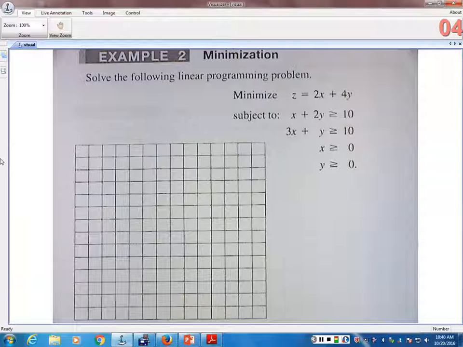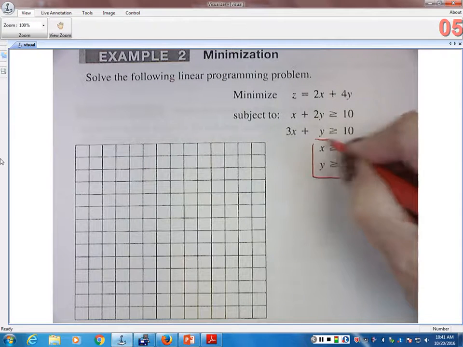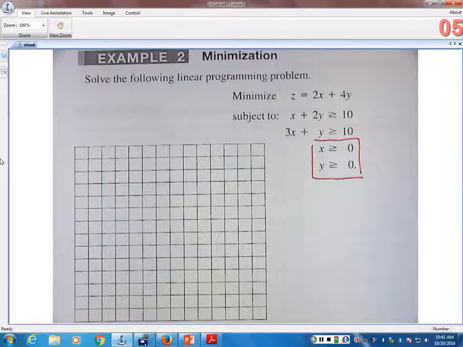So we're going to do basically the same thing that we did last time. The fact that we have the constraints of x and y both are equal to or greater than 0 is just simply going to mean that we're going to only graph in the first quadrant.